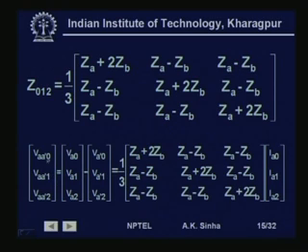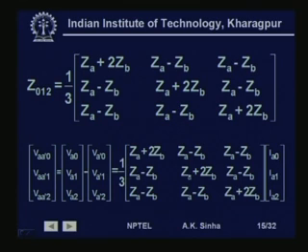So, in this case we can write VAA dash 0 is equal to VA 0 minus VA dash 0. Similarly, for positive sequence, VAA dash 1 is equal to VA 1 minus VA dash 1, and VAA dash 2 is equal to VA 2 minus VA dash 2. This is equal to Z012 into I012, that is IA0, IA1, IA2.